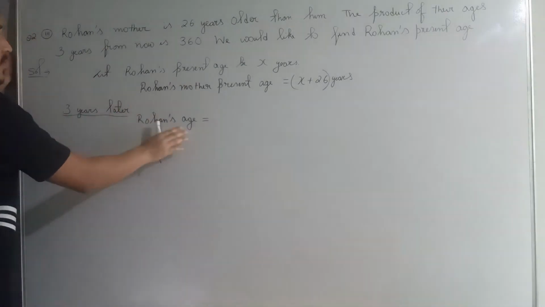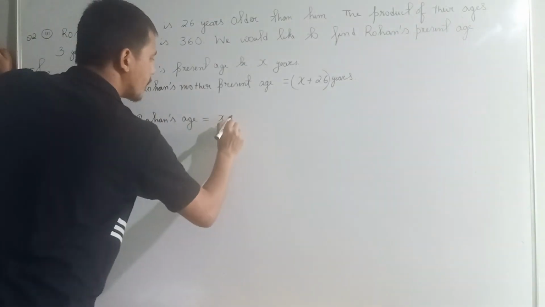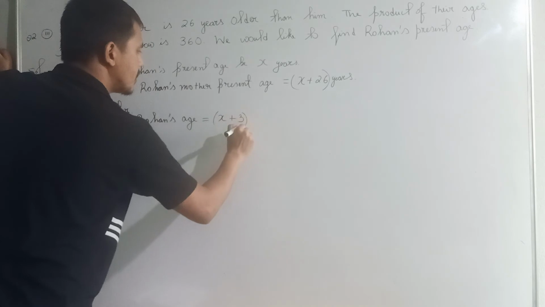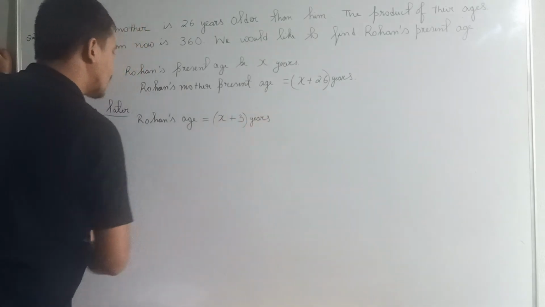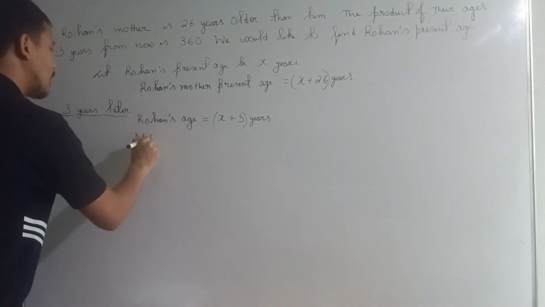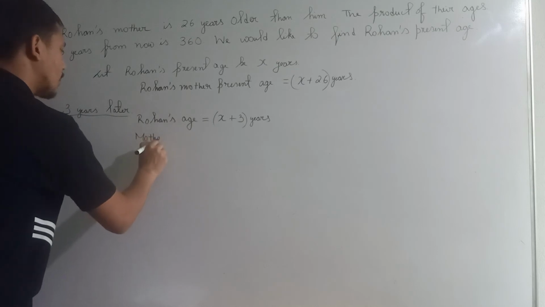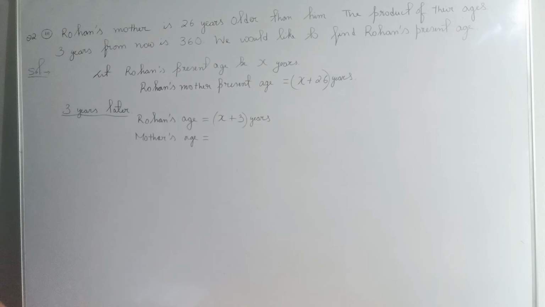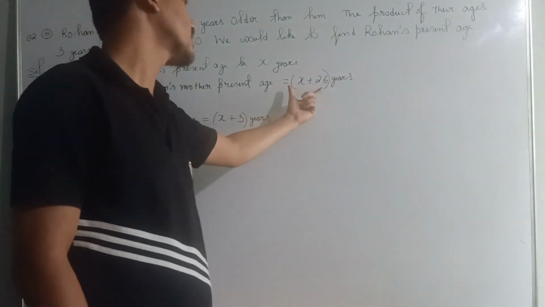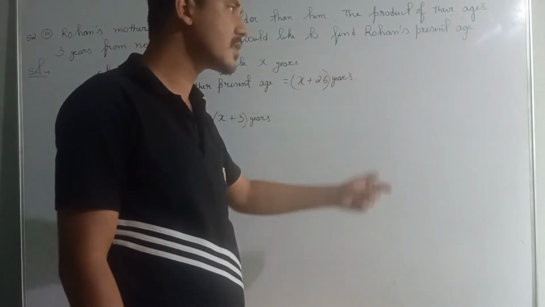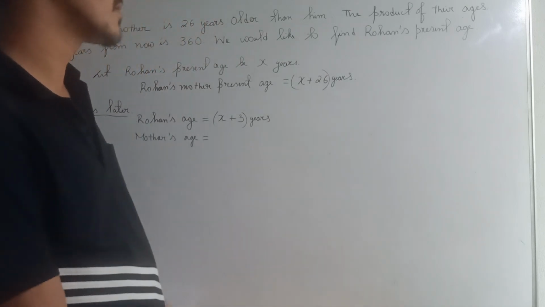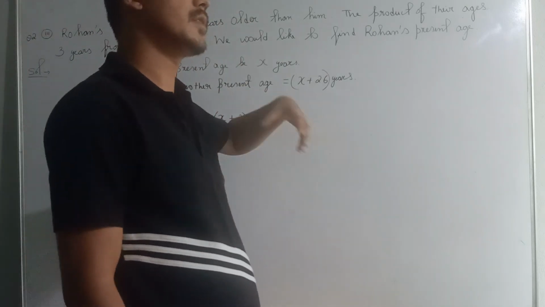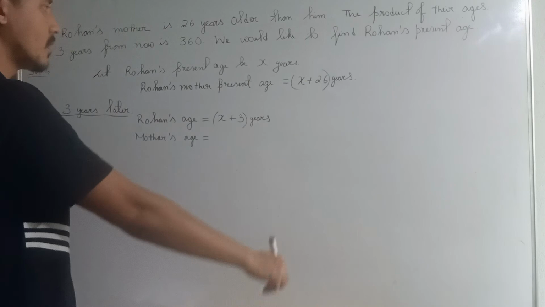So after 3 years, Rohan's age will be X plus 3 years, and his mother's age, currently X plus 26 years, will also increase by 3 more years.